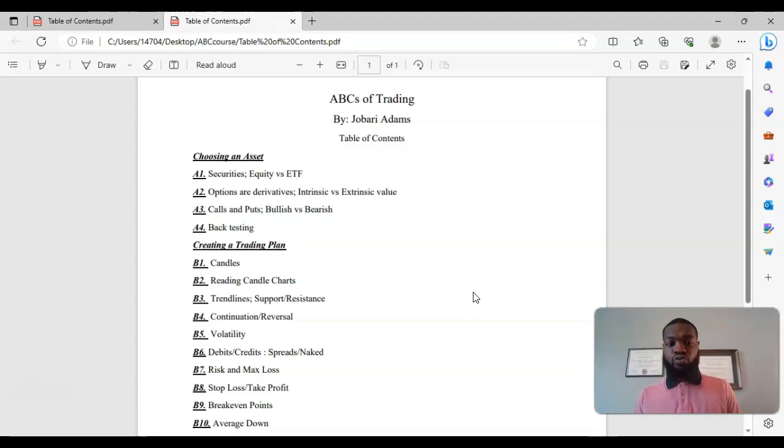Number two, A2. Options are derivatives. Okay, so just like that, it's kind of about to get intense. Options are essentially a piece of value that's based on the value of something else, whether it be a stock or an ETF. Options themselves aren't anything, I guess, just keep it in trading ABC language.